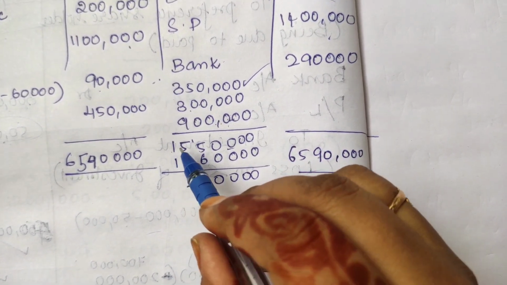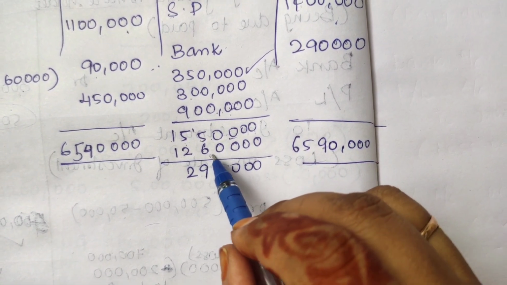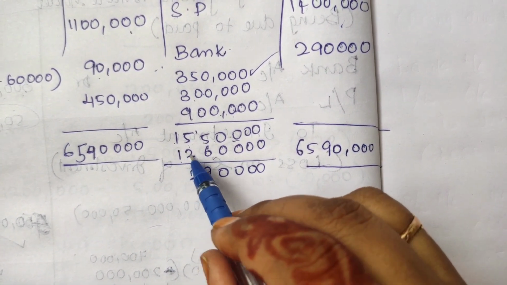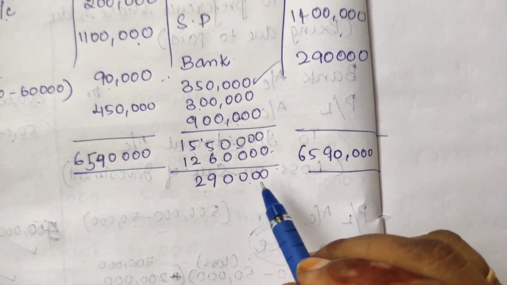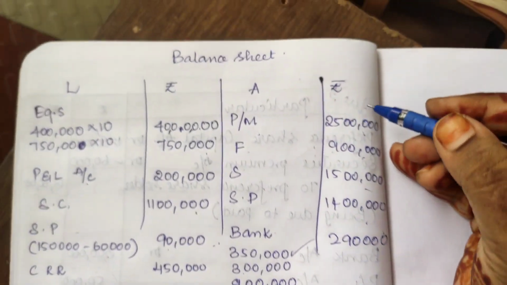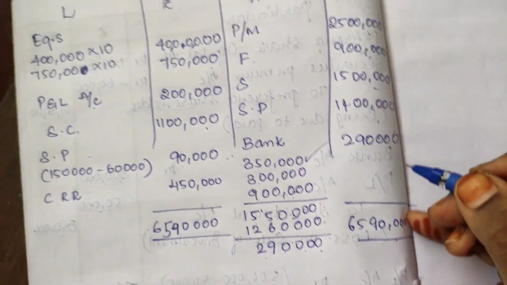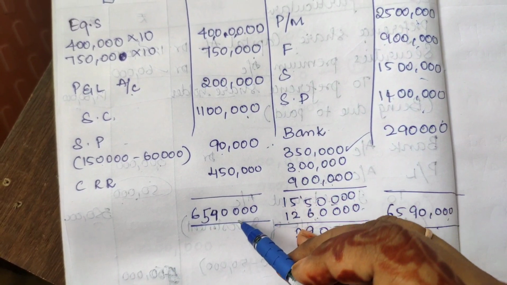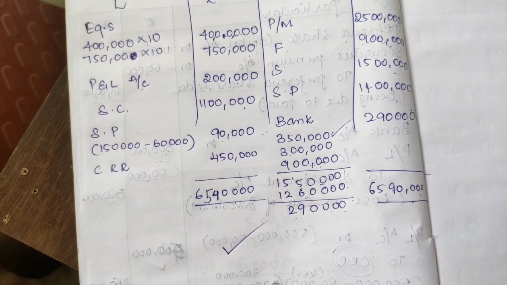Overall it is 15,50,000. From that, the preference redemption we have given 12,60,000. So the rest is 2,90,000, so we will write that. And when we tally all of this, we get 65,90,000 here and 65,90,000 here. So the balance sheet is tallied.